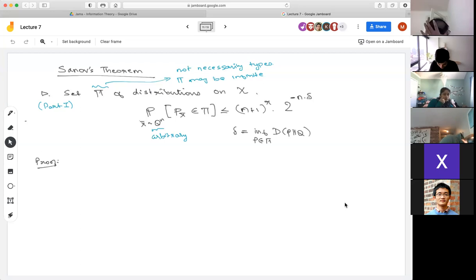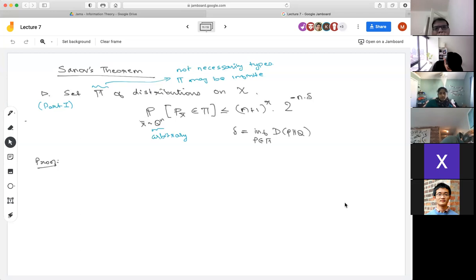So formally speaking, if delta is the minimum, or the limit of the minimizing sequence, for P of the KL divergence of P and Q, then the upper bound is 2 to the minus n times delta.